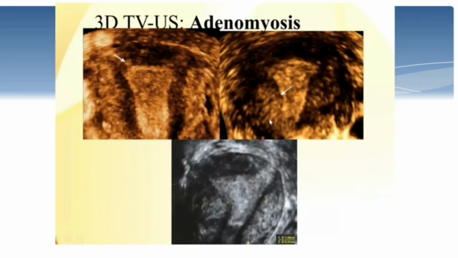Now the TVS ultrasonography, as we said previously, helps us better understand the junctional zone. There is increased thickness of the junctional zone. This is the endometrium and this is the myometrium, and there is increased thickness of the junctional zone. It is also a figure of the junctional zone.